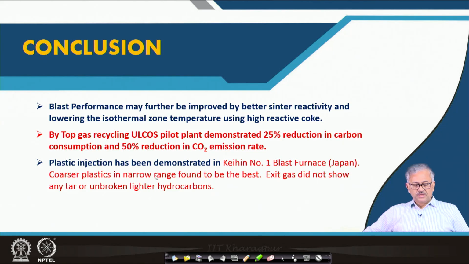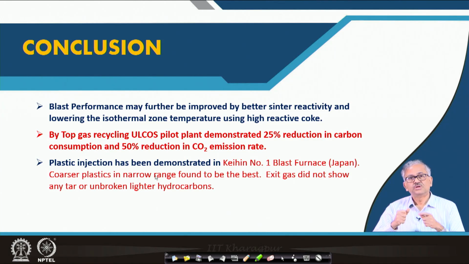high speed camera photography at the tuyere location. They put a high speed camera there and made some very interesting observations. One thing found is that crushed plastic in the range of 0.2 to 1 millimeter has the maximum combustibility.